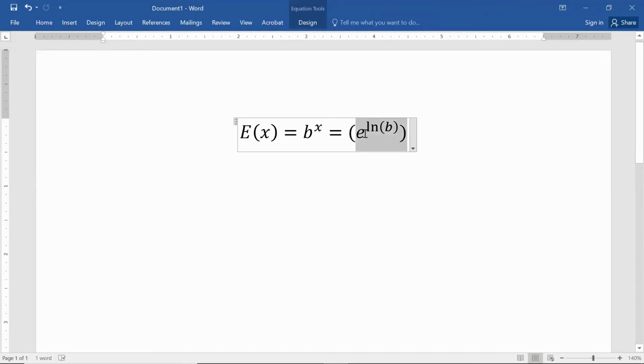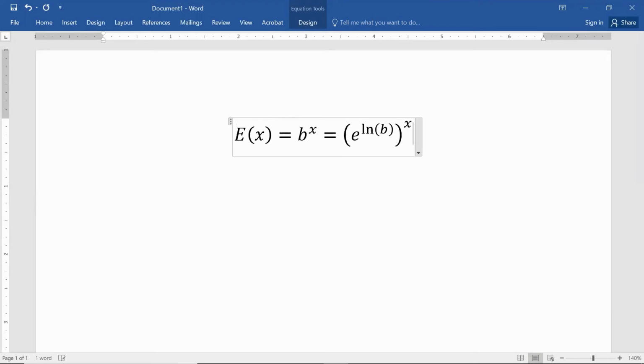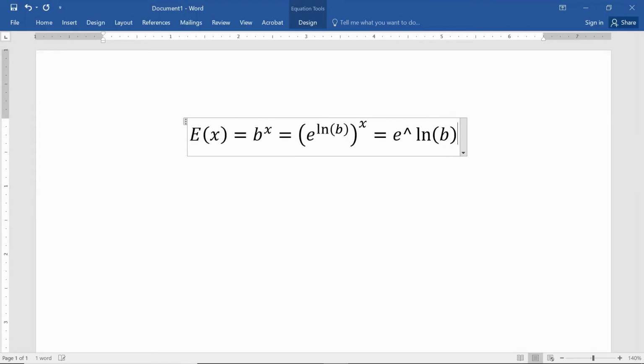So this is just b here, and that whole thing can be raised to the power of x. So this is just b to the power of x, and we can rewrite that using the power to a power rule as e to the natural log of b multiplied times x.